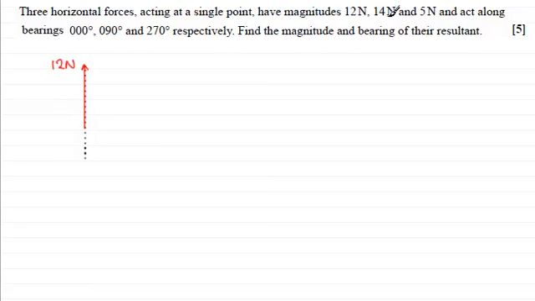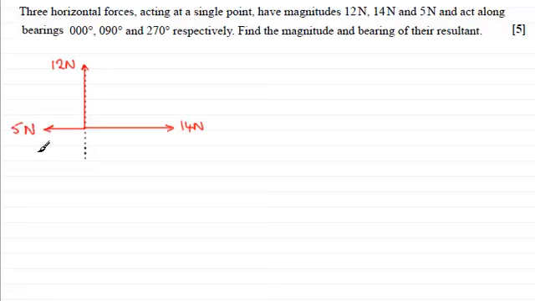Next up is 14 newtons acting on a bearing of 090 degrees, so that's in an easterly sense. And finally, we've got 5 newtons acting on a bearing of 270 degrees, so that's from north, turning three quarters of a turn round in a clockwise sense, so 5 newtons that way.